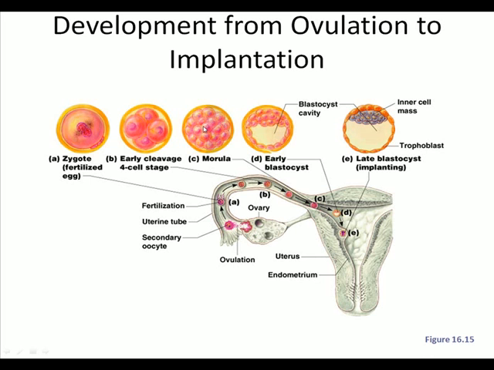It starts to divide by mitosis multiple times and goes through different stages. For example, the morula stage, these cells are pretty much all the same. They've divided by mitosis.